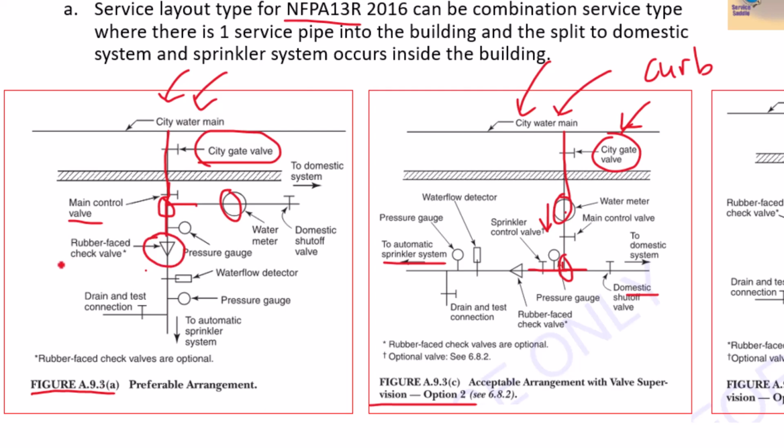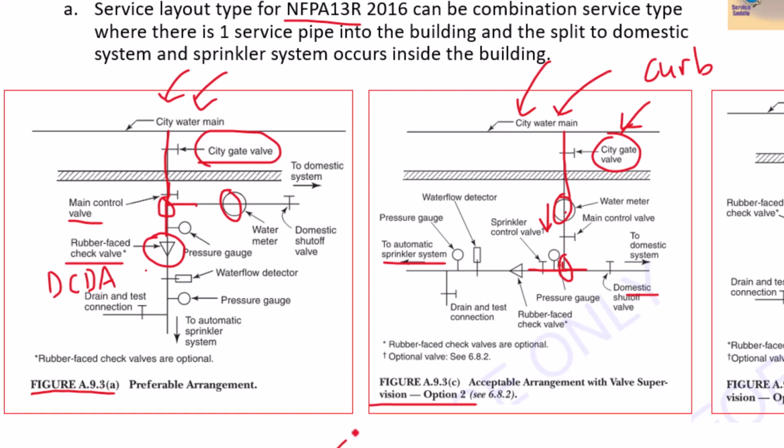So in the NFPA 13 code, it states a check valve, but you can have two types, a single check valve or a double check valve. So for the sprinkler system in New York City, you would have to install a double check valve called a DCDA, which is a double check valve on the sprinkler service.